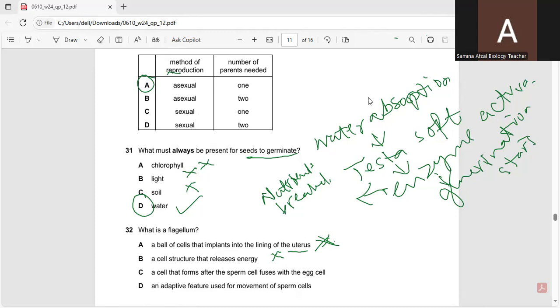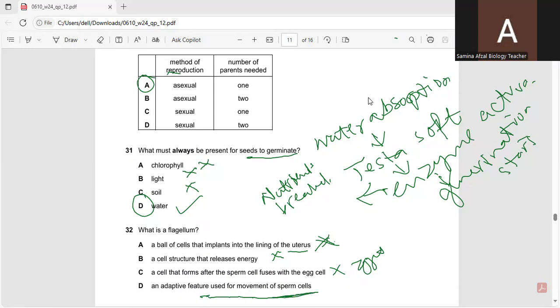A cell that forms after the sperm cell fuses with the egg cell, that is the zygote. So an adaptive feature, which is produced as a result of natural selection, is used for movement of the sperm cell.